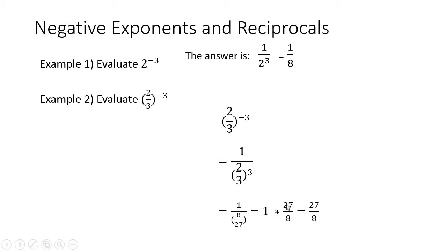So 1 times 27 divided by 8. All you do is flip that and multiply it, and then you simplify 1 over 8 over 27 to just 27 over 8. So make sure you remember how to simplify a fraction in the denominator of a bigger fraction. You just multiply the numerator by the reciprocal of the denominator there.